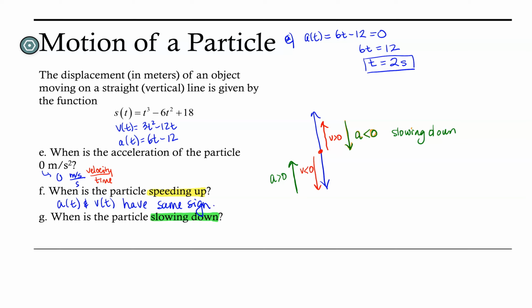And so we also call that slowing down. So a particle will be slowing down when acceleration and velocity have opposite signs.